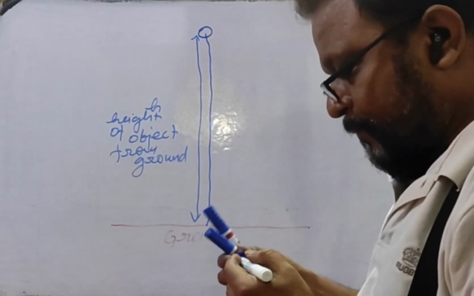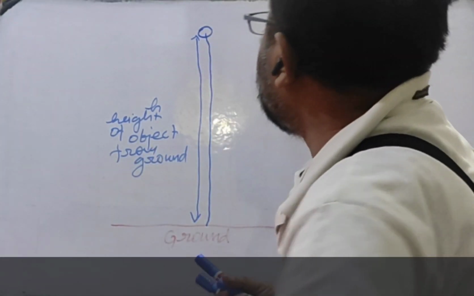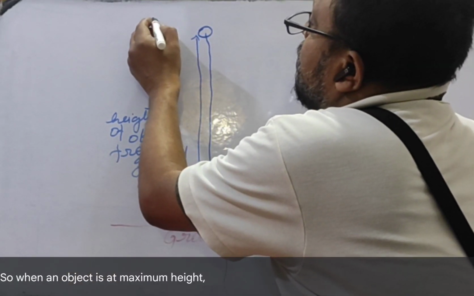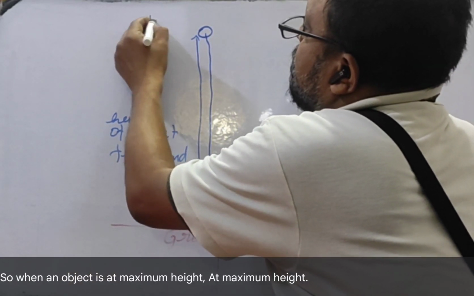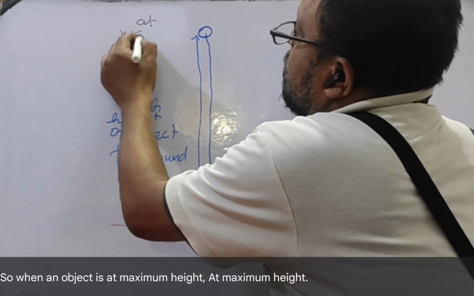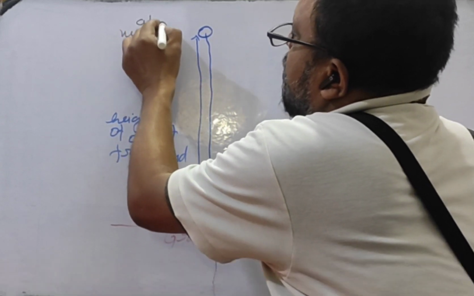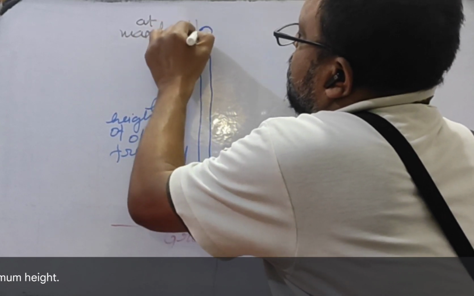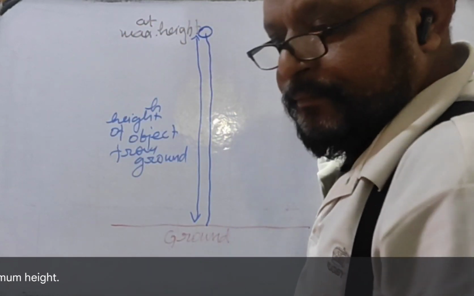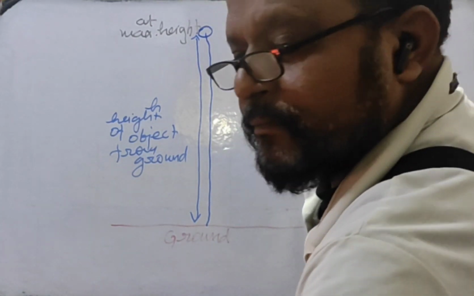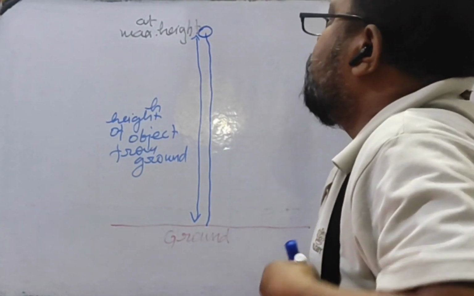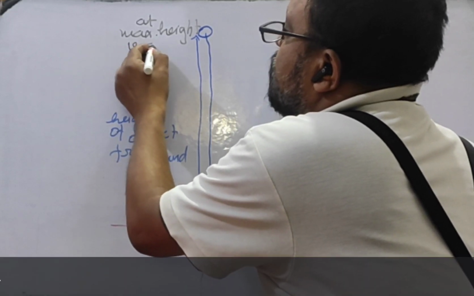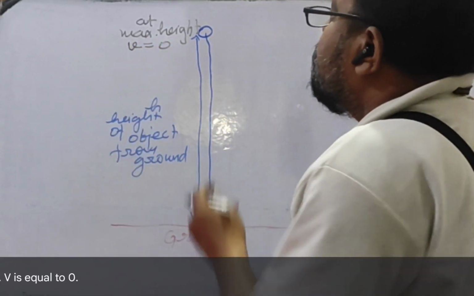Fine. So when an object is at maximum height, then v is equal to 0, right?